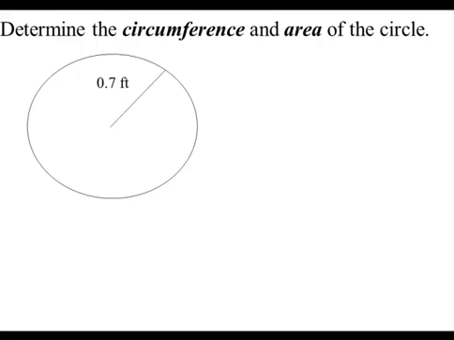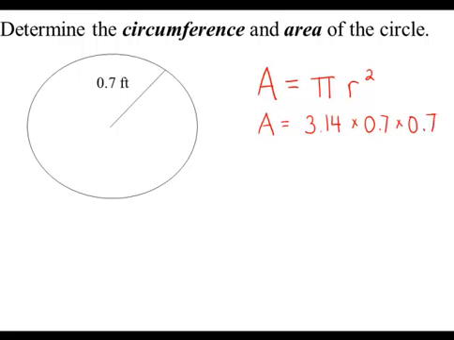Now we'll move on to find the area of the circle. Area equals pi r squared. In this chapter, we'll use the decimal approximation of pi, which is 3.14. Our radius is 0.7, and squaring means to multiply it by itself.